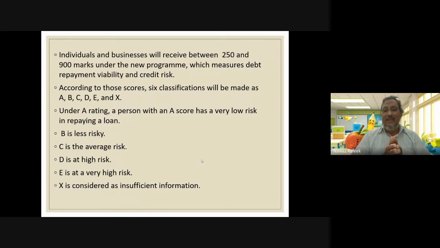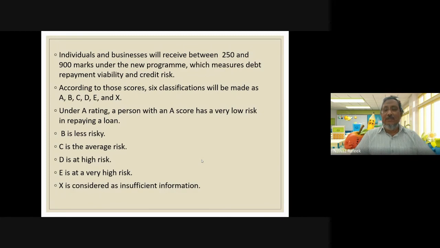B is less risky, C is average risk, D is high risk, and E is extremely high risk. Then another indicator given in the CRIP report is X. It's considered as insufficient information, if your rating information is not sufficient.